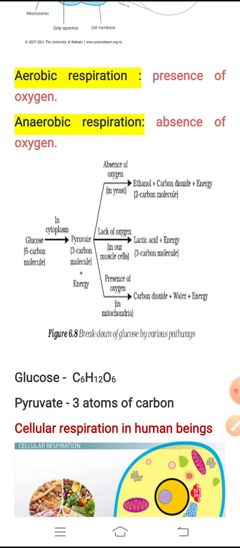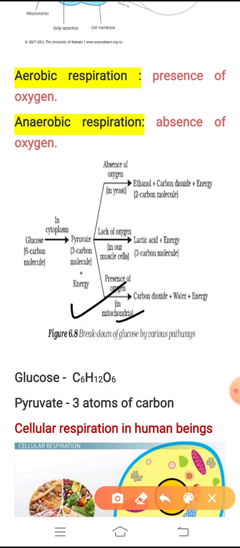Now I hope you all have understood the concept, right? Where does cellular respiration take place? Cellular respiration means the respiration which takes place in the presence of oxygen. Where does it take place? In mitochondria. They may ask you like this. And they may also ask you, where does the anaerobic respiration take place?